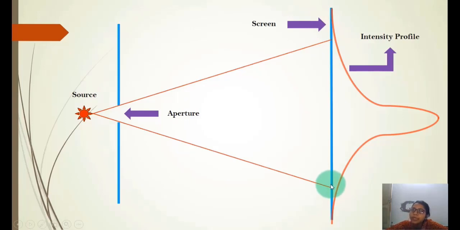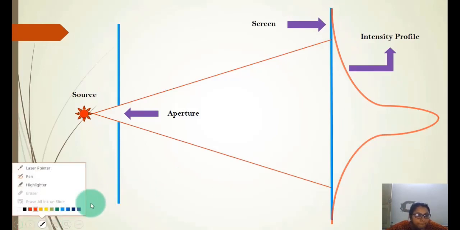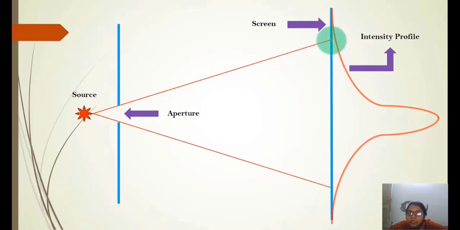In this region there should be light, but above this region and below this region, there should be no light if the light was traveling in a straight line.